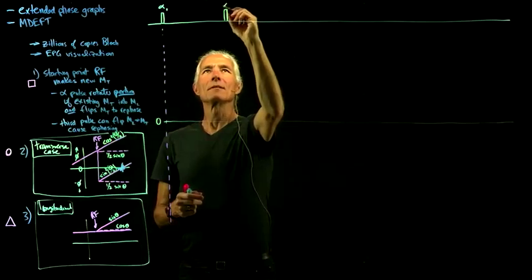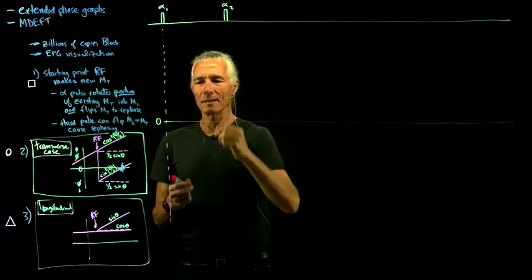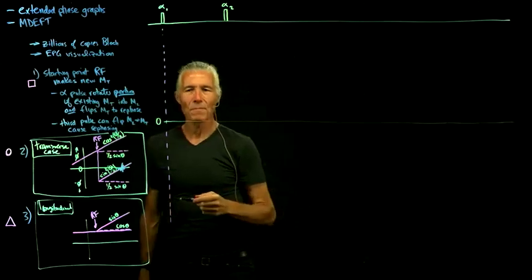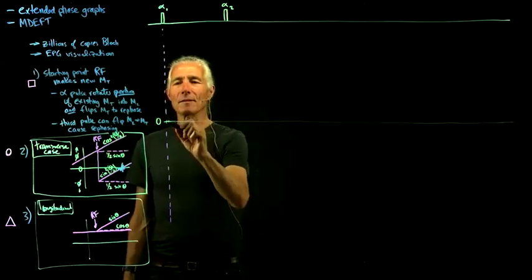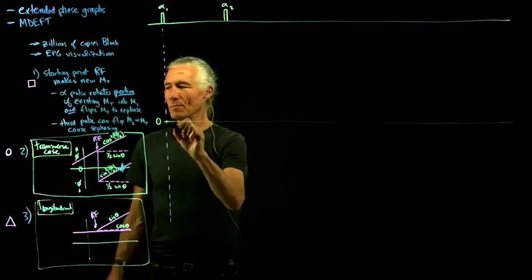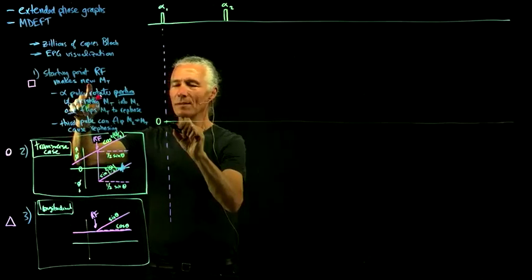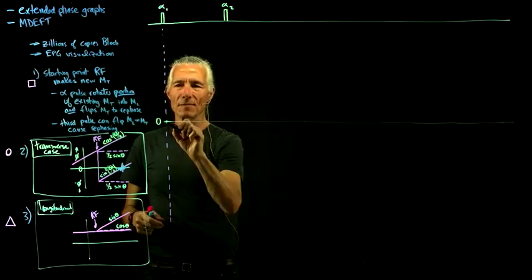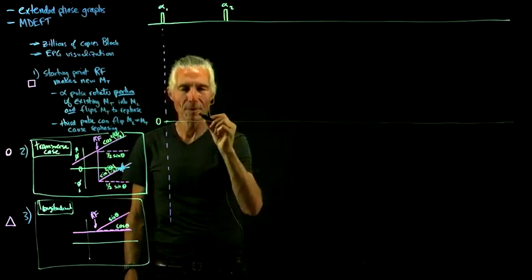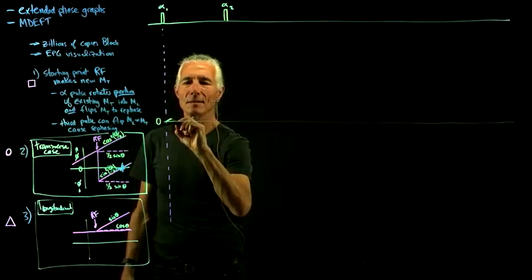So the first thing that happens is, here's our second RF pulse. The very first thing that happens is that we create a new transverse that starts dephasing from the RF pulse. So that guy starts going up like that.